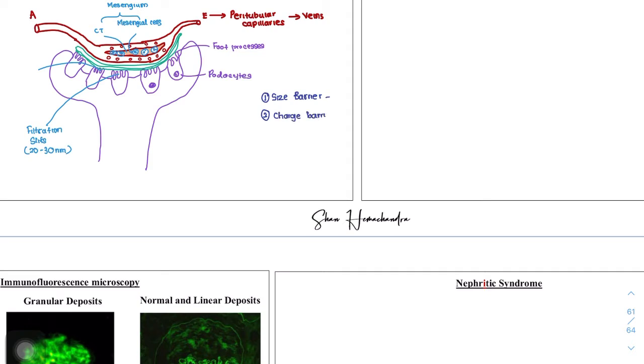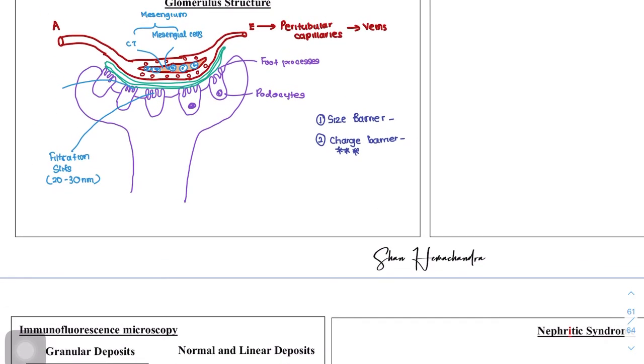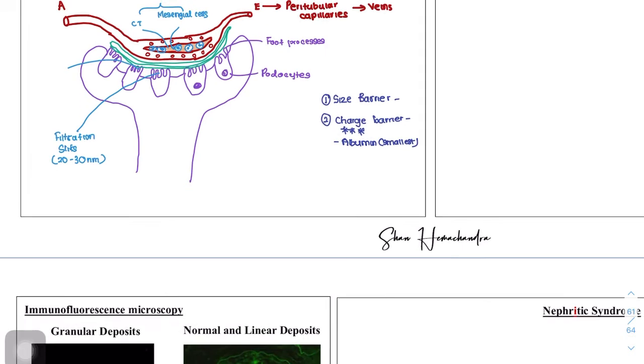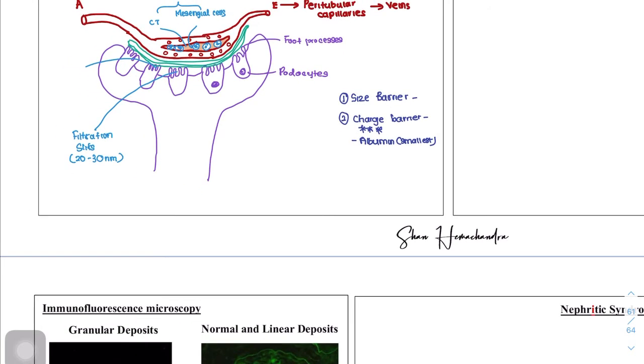Remember, this is important. This is the main barrier that stops substances passing into the Bowman's capsule. What does that mean? Small proteins such as albumin, the smallest protein in blood, have enough size to pass through the filtration slits.